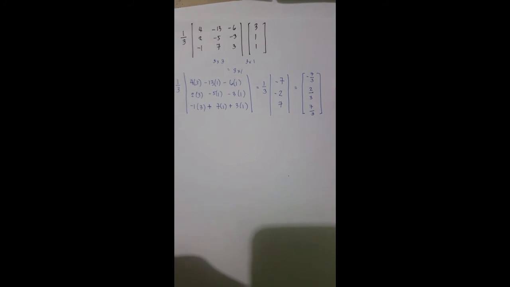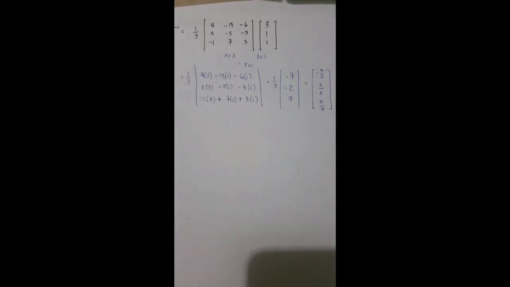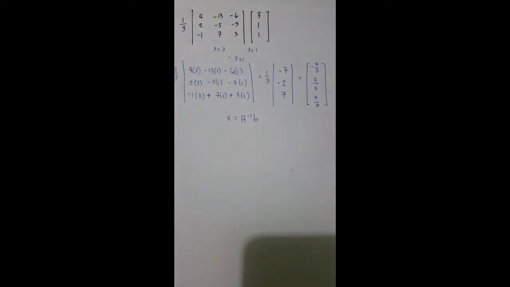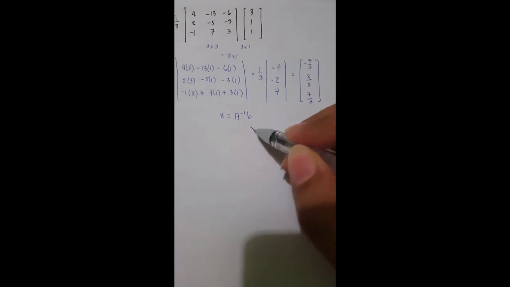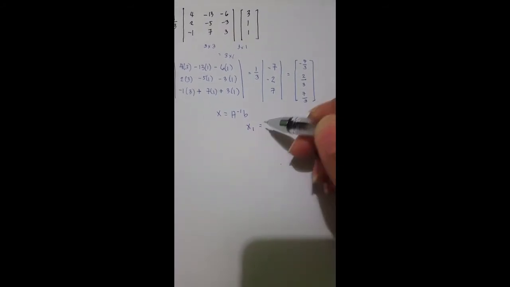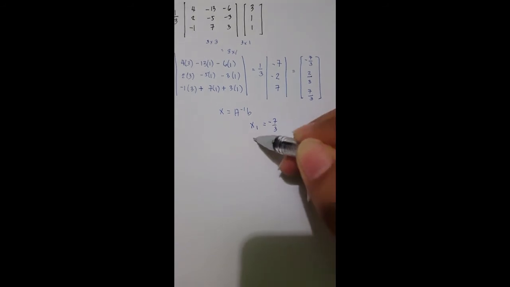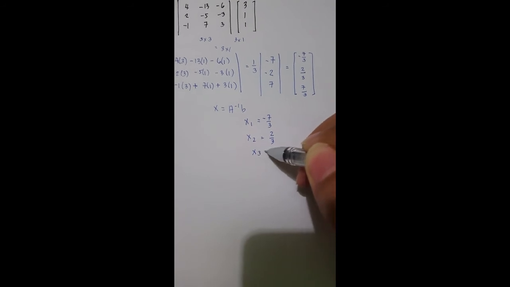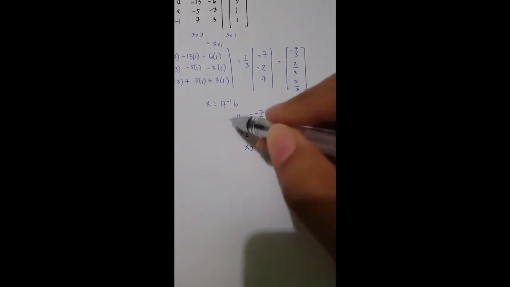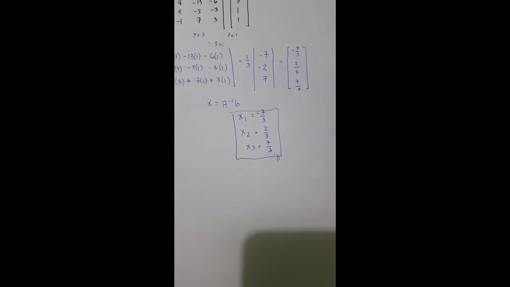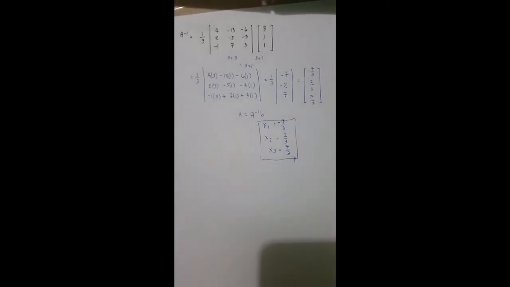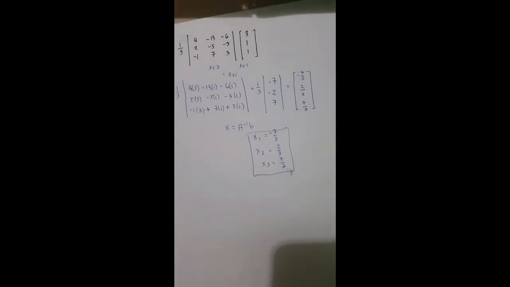Therefore, since x is equal to the inverse times b, we can now say that x of 1 is equal to negative 7 over 3, x of 2 is equal to 2/3, and x of 3 is equal to 7 over 3. So, this is our final answer using the inverse of a matrix.